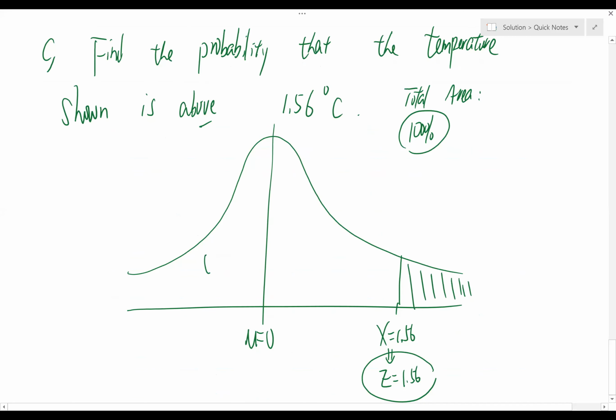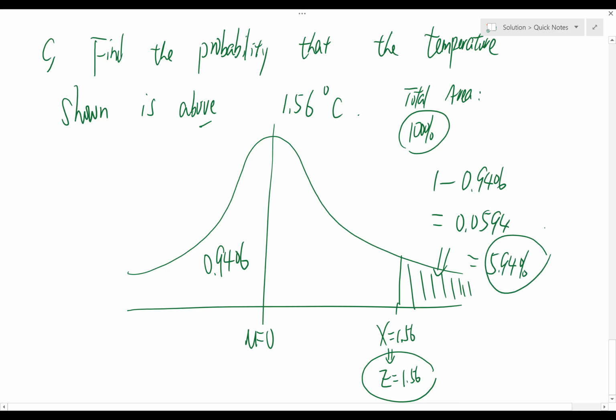However, we want the area to the right, this area here. And the total area is 1, so we use 1 minus 0.9406. This turned out to be 0.0594, which means 5.94% probability. Another way of interpreting this is that 5.94% of all the data values will be above 1.56 Celsius.